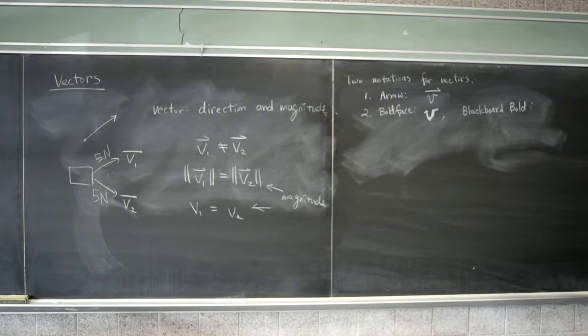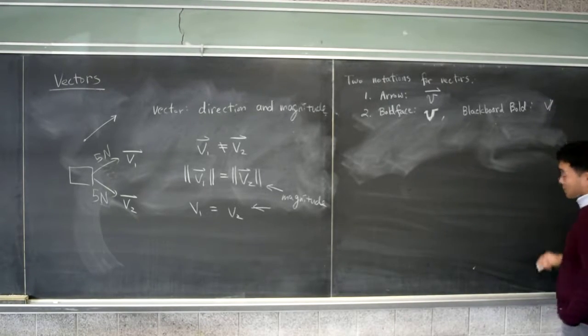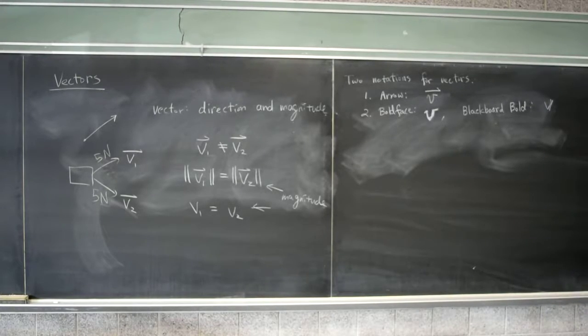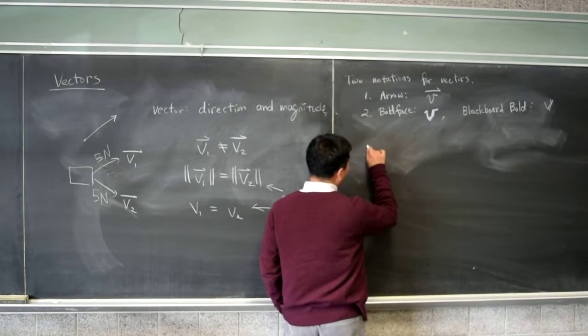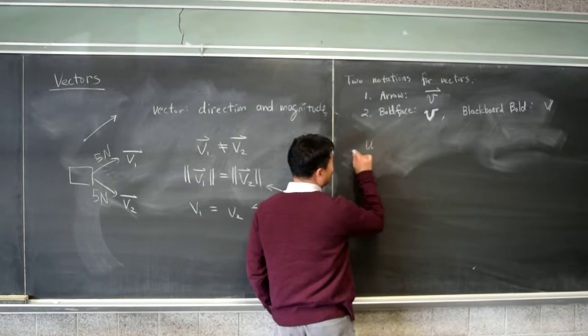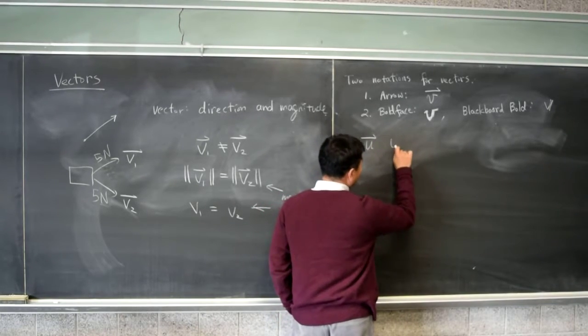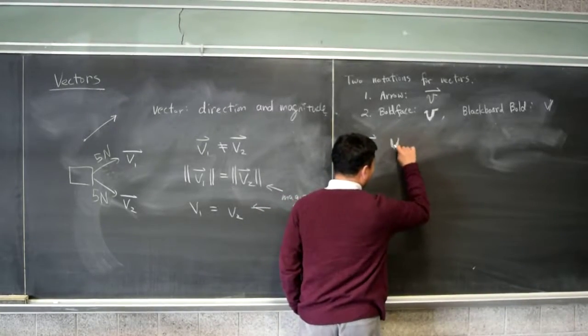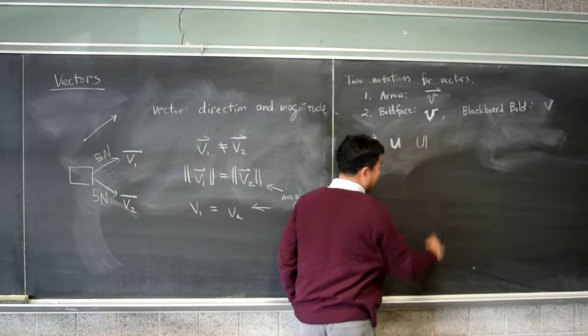Blackboard bold means simply you have a V and you put an extra double line on the last one. So that would be blackboard bold. So if you had the vector u, for example, this would all be vector u: u with an arrow, or u boldface, or u blackboard bold.